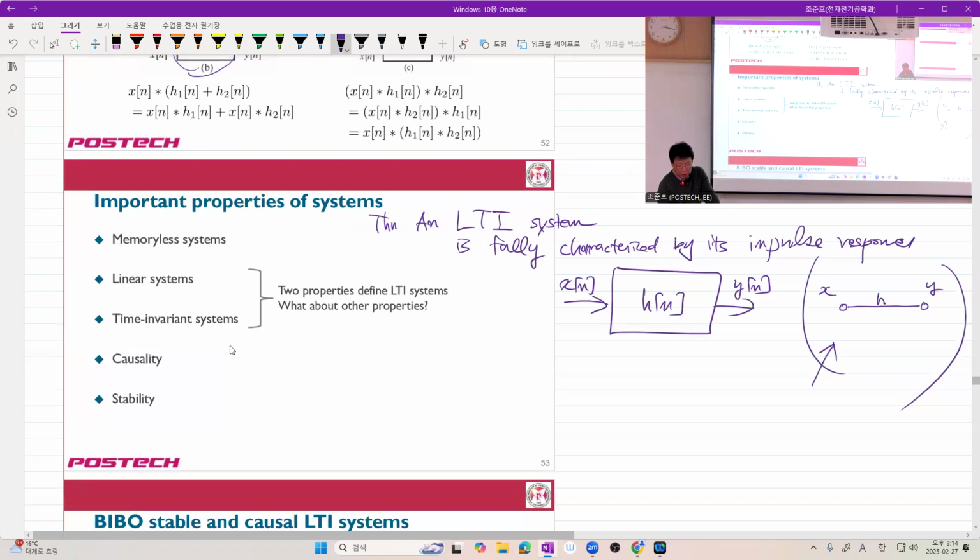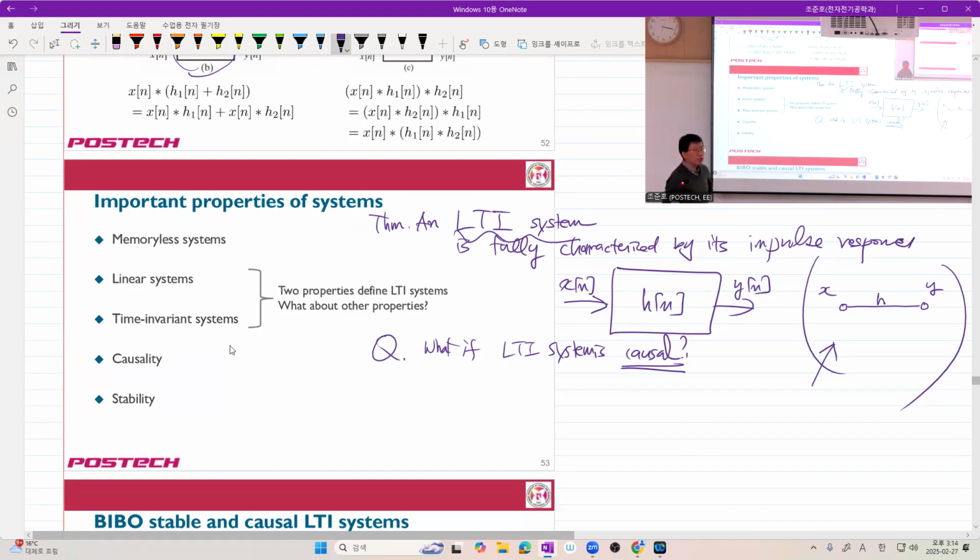So this is a theorem. And here goes the first question. What if an LTI system is causal? By the way, causality is also a very important thing.